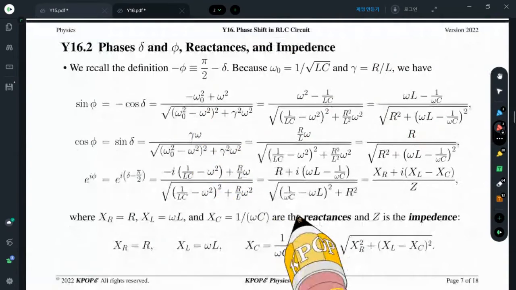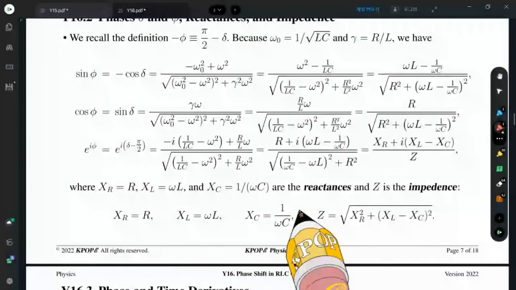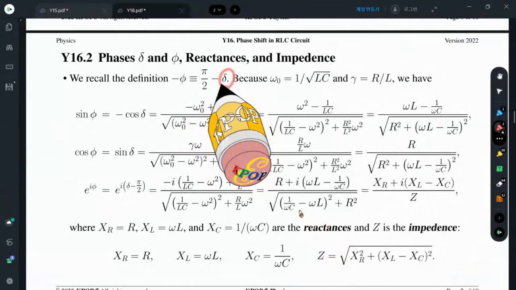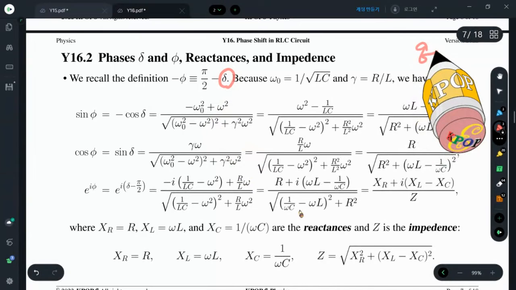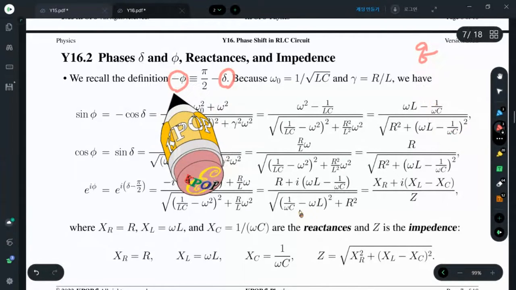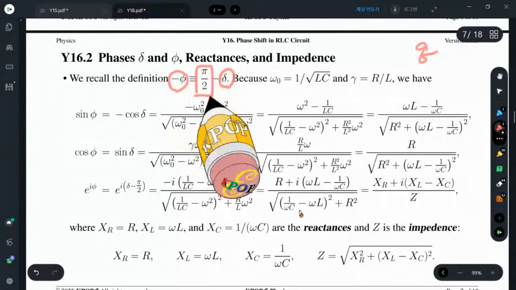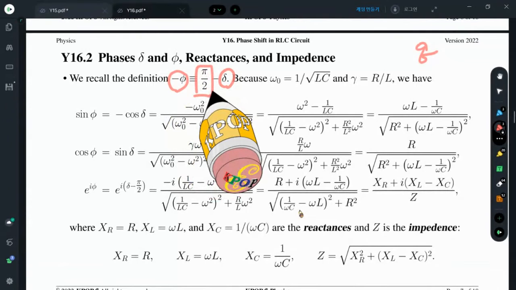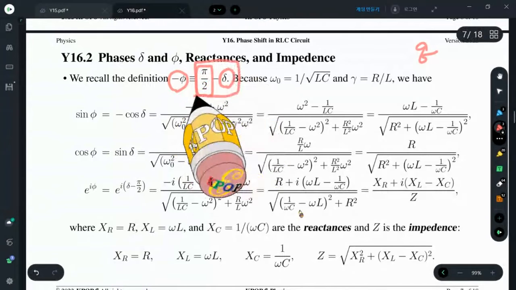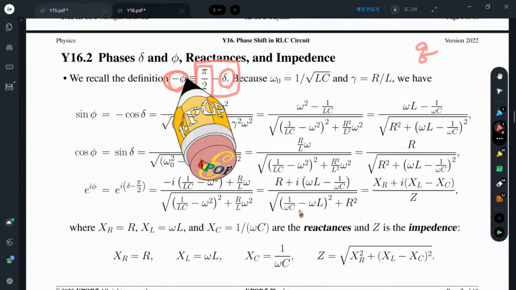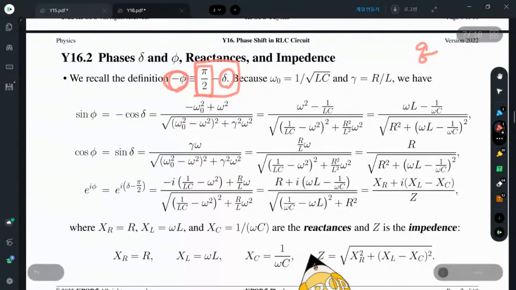Okay, in summary, this delta was for the phase shift for the charge Q. Now we are more interested in the current. The phase shift for the current has an additional piece that is half a pi because of the time derivative, and we define this sum to be minus phi. That represents the phase shift for the current instead of charge.